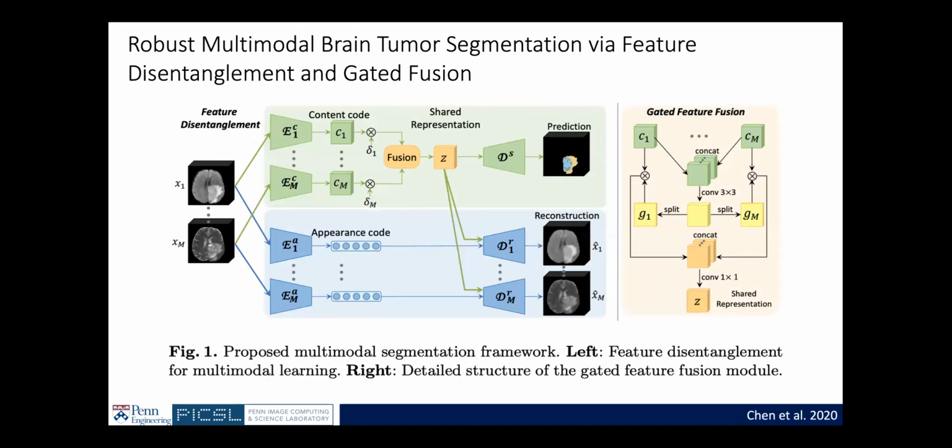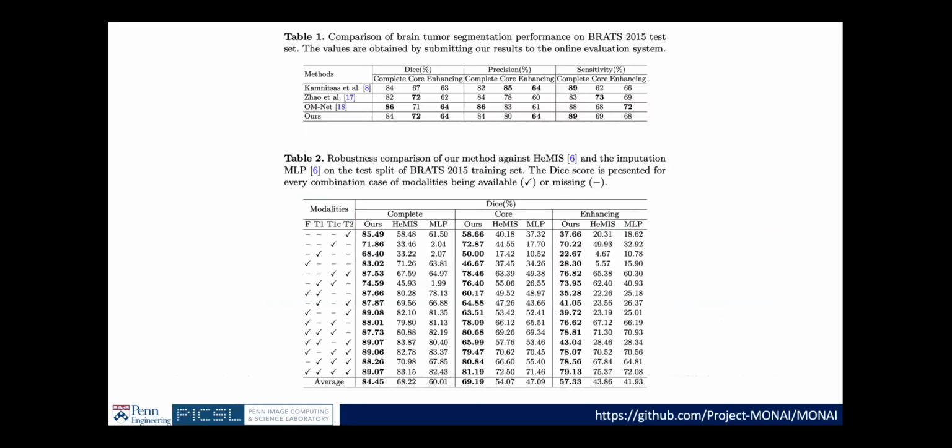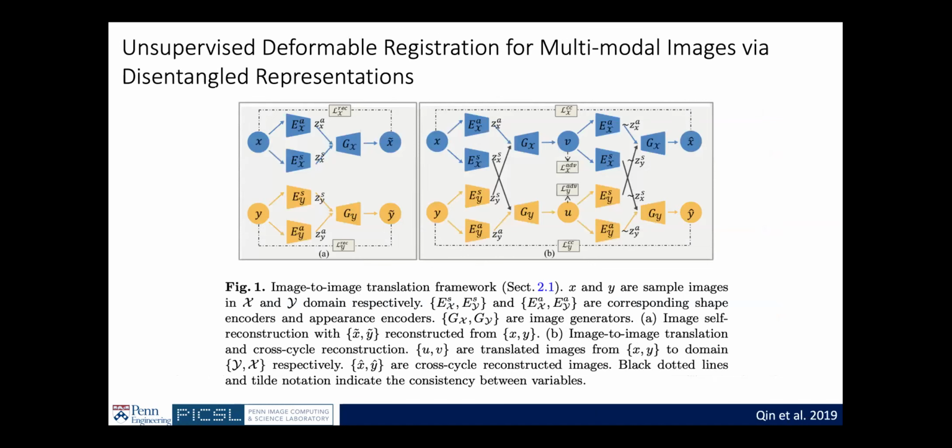You can do other stuff. Again, content and appearance for these images. Incorporate your architecture choices from all the architectures that we saw. Do a reconstruction and get predictions for your segmentation tasks. You can also tie this up with doing unsupervised deformable registration.